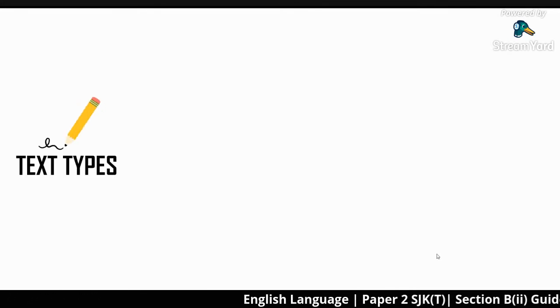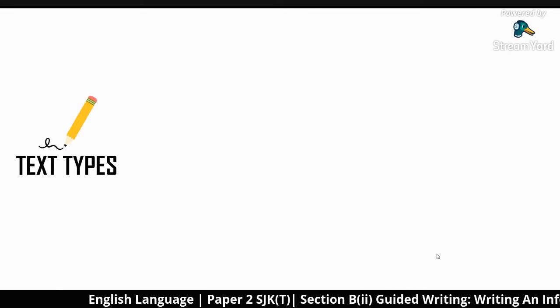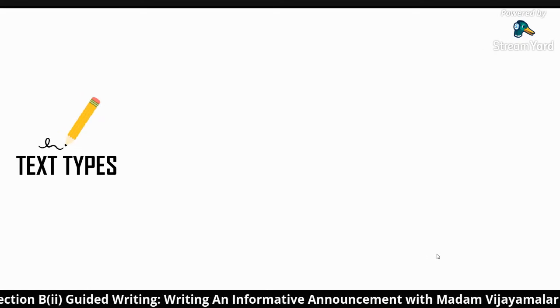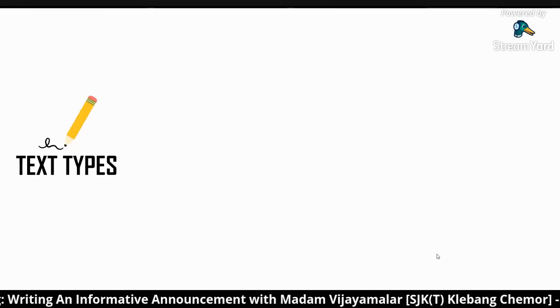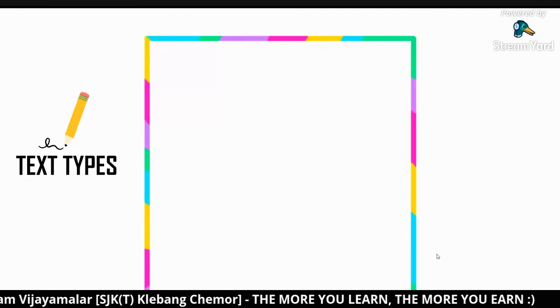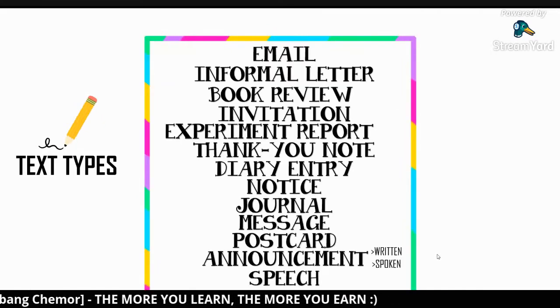As I've mentioned before, there are many text types. There's a variety of text types when it comes to section B2. Last week in my previous lesson, I've already mentioned those, and I'm just going to let you look at it again.